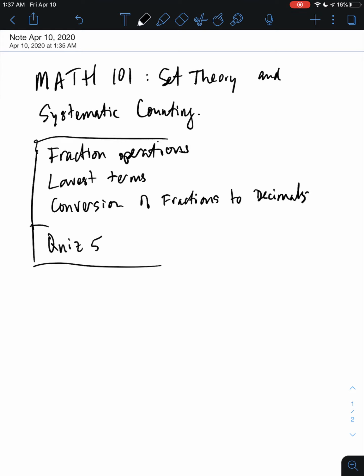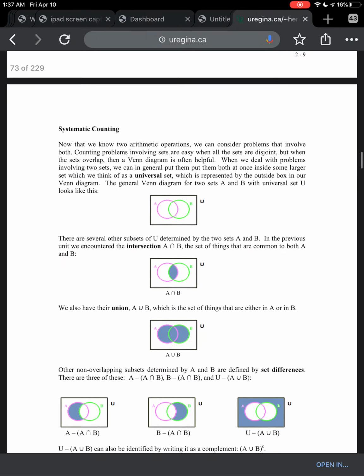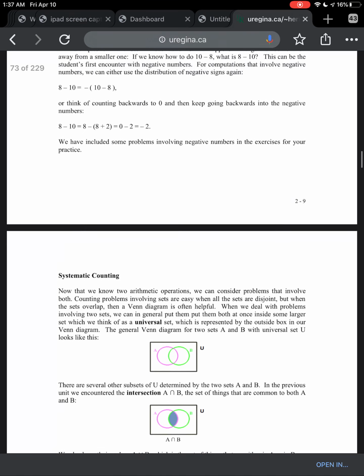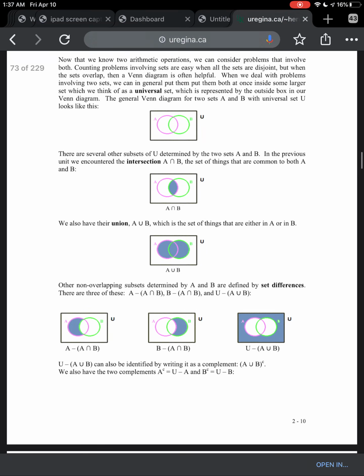New material is set theory and systematic counting. Let's get on with it. It is found in the course textbook in an odd place, page 2-10.